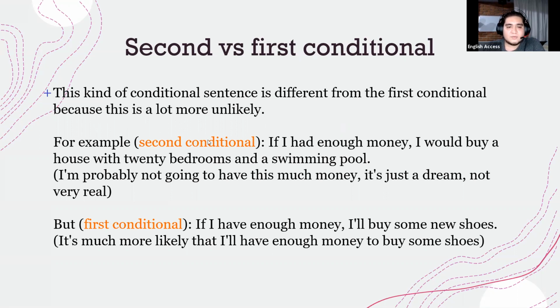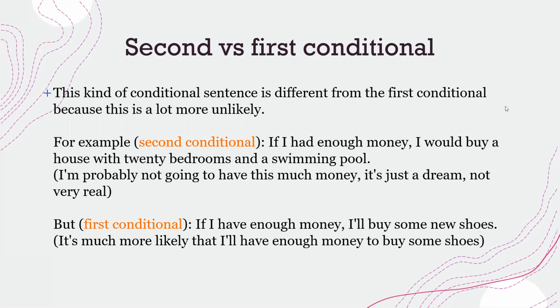Can you help me read the second conditional example, Julia, please? Yes, if I had enough money, I will buy a house with 20 bedrooms and a swimming pool. I'm probably not going to have this much money. It's just a dream, not very real.